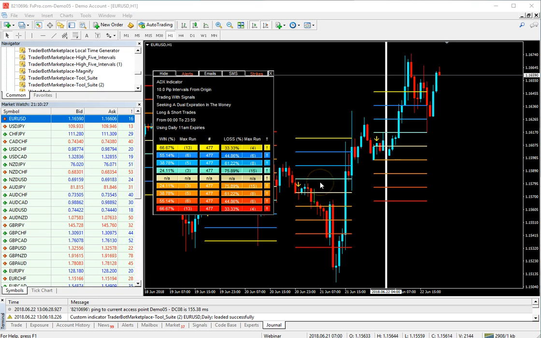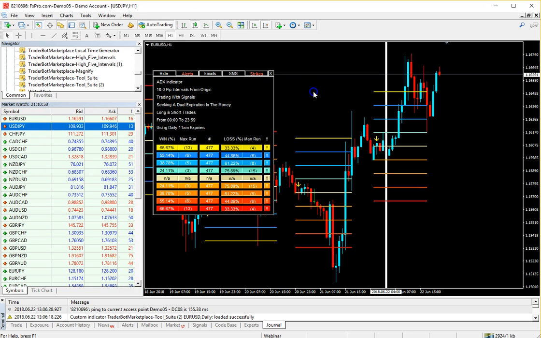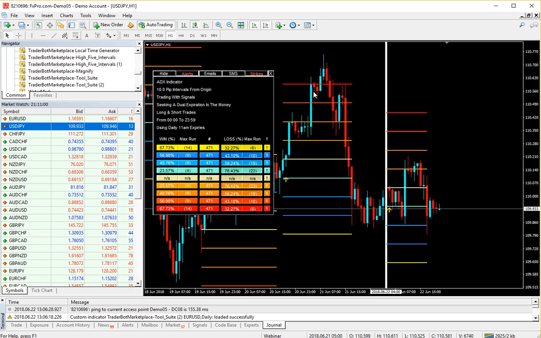That's a dual expiry. Pop quiz. We're going to pick another asset here, and I want you to tell me the probability that price is going to remain in between the first two levels here, which will be the blue or the orange. How often is price going to remain in between the first two levels on the USD yen? 23.57% of the time.